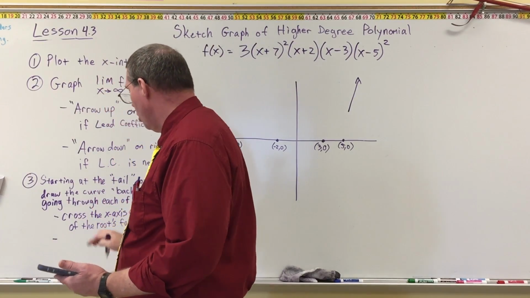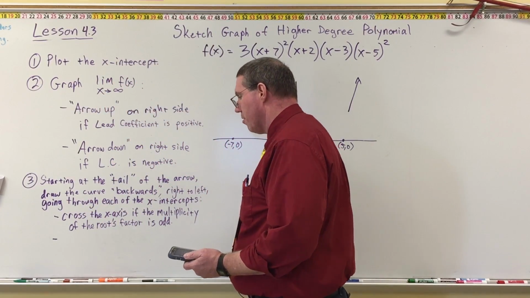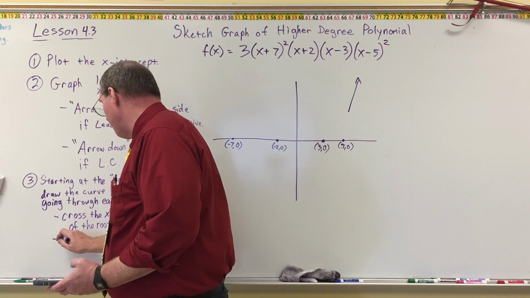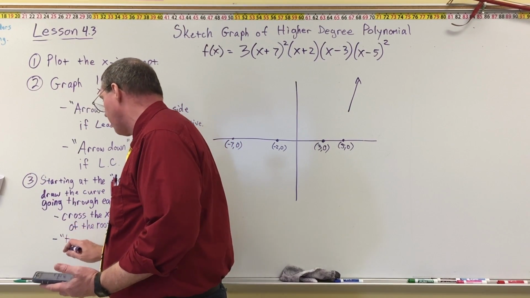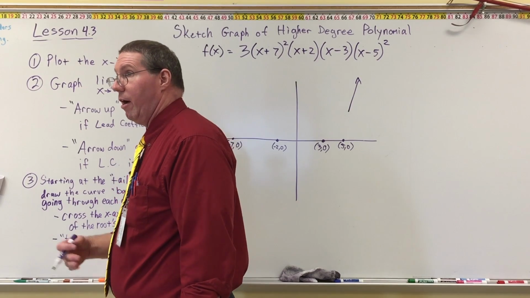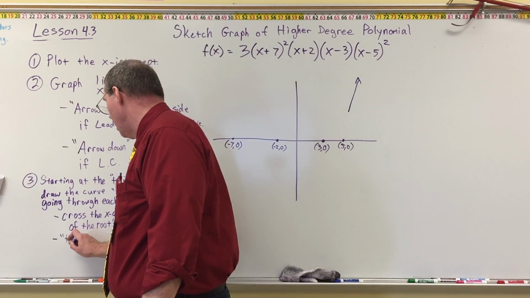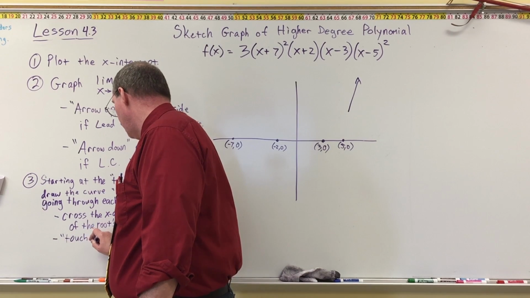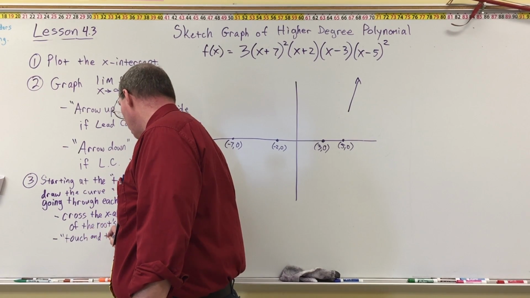There's only two options. Cross the x-axis if the multiplicity of the factor is odd, or, I don't know how to say this. Some people say the word bounce, but that winds up with weird-looking graphs of functions. So I call it touch and turn.